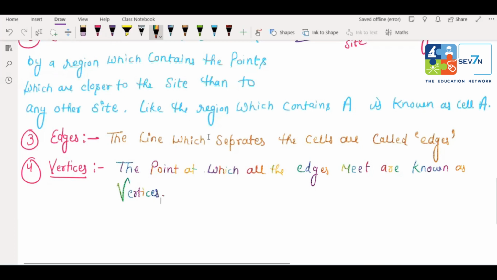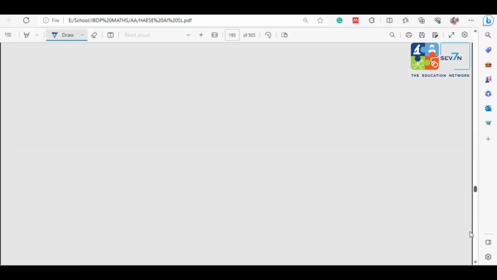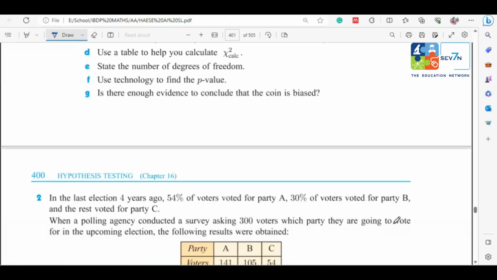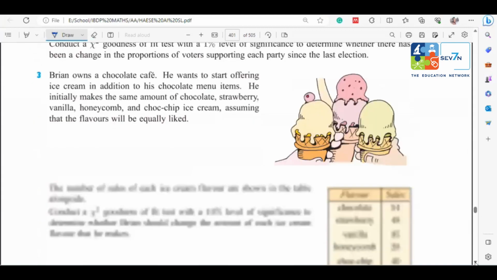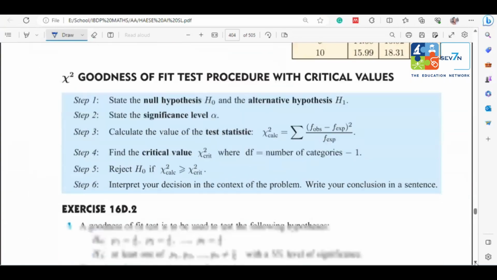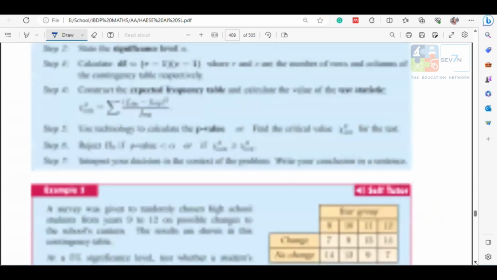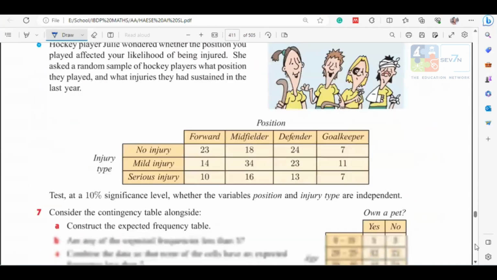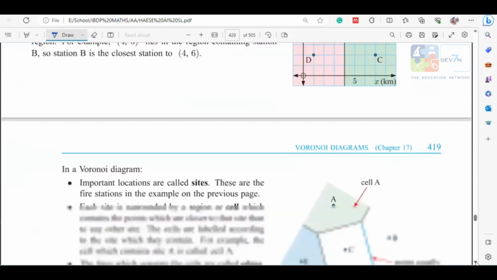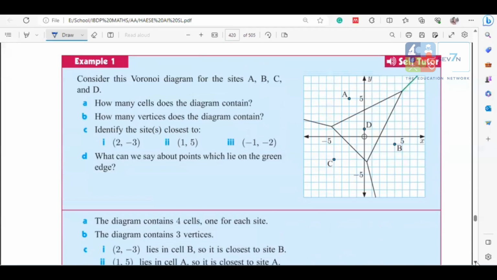Now just give me a second. I need to start with this. So I'm pasting one question for you so that you are able to recognize what is the meaning of this.